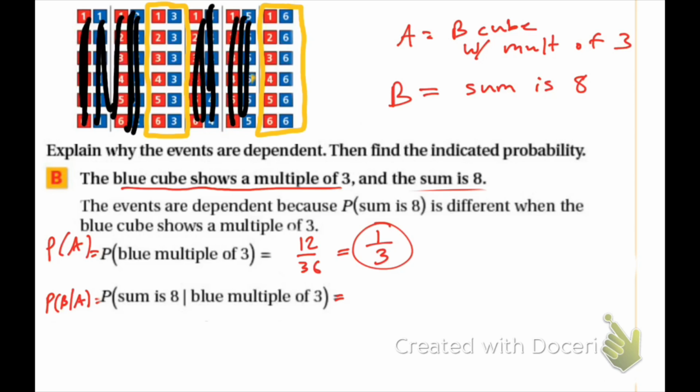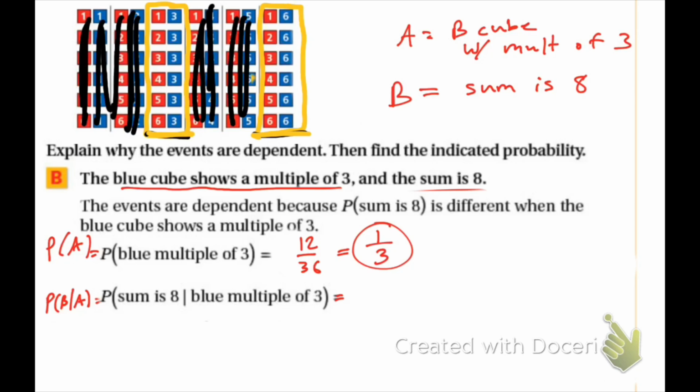Now my total is only going to be those two columns. Well, out of those two columns, the multiples of 3, how many have a sum that is exactly 8?